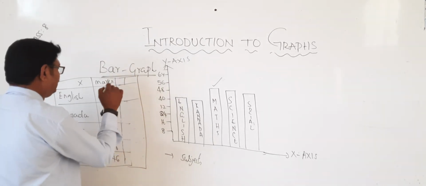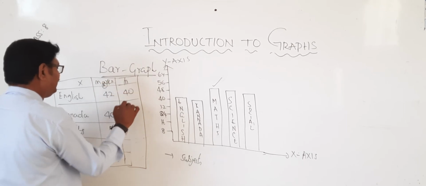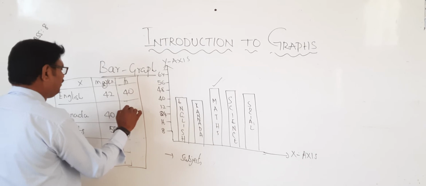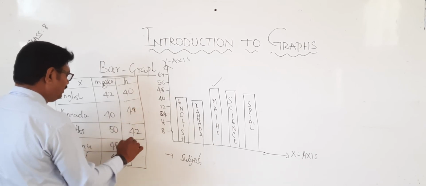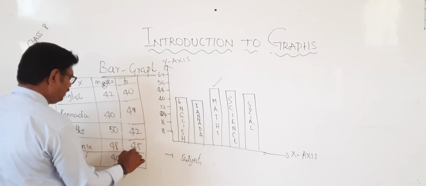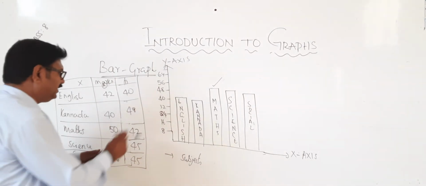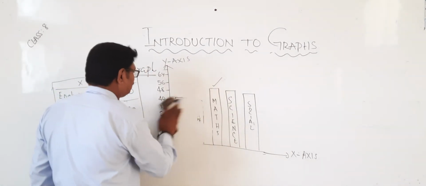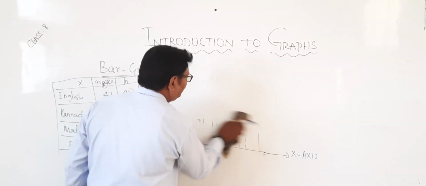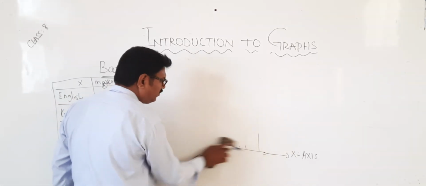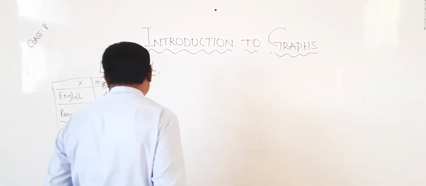Here A, here B. B scored 40 in English, is good at Kannada with 48, poor at maths, 42, science 45, social also 40. Then this graph will not work. So how do we represent both values? At that time, instead of a single bar graph, we will use a double bar graph. Which graph? Double bar graph.